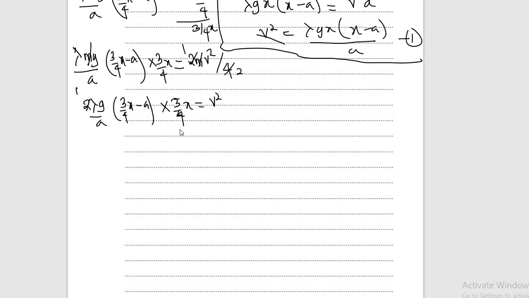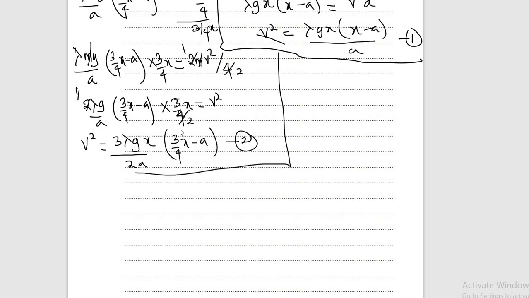So now v squared is equal to 3 lambda gx over 2a, bracket 3 over 4x minus a. This is the second equation.